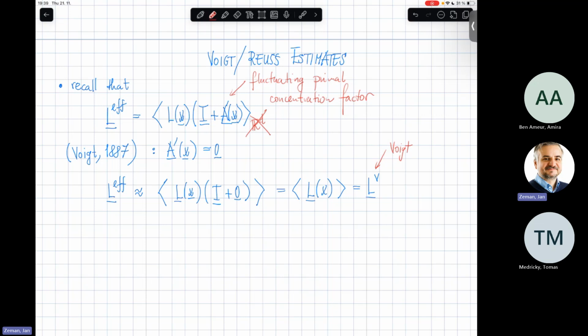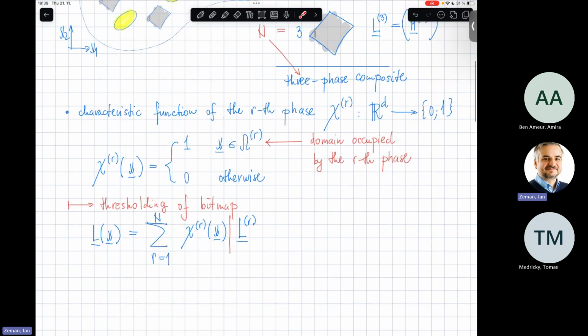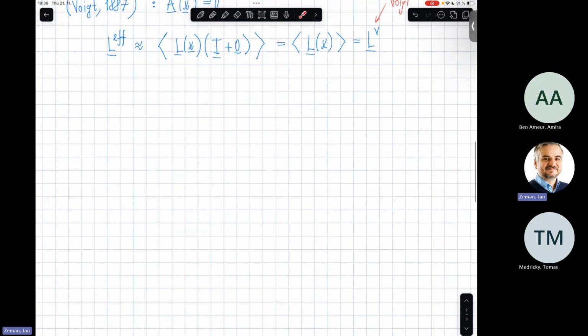Okay, so what this means in particular, not for the setup which Voigt was interested in, but for these N-phase composites, is not so difficult to imagine, hopefully. So this L Voigt is by definition the average over this infinite domain of my L of x.